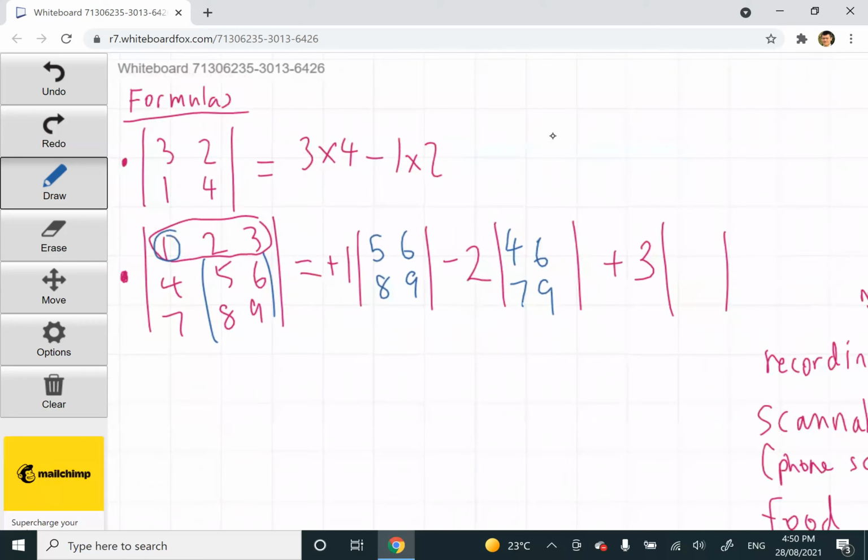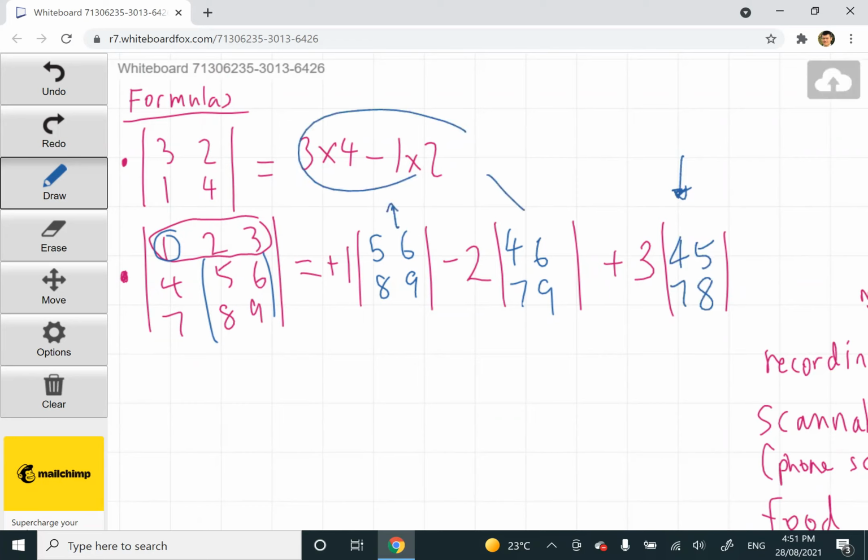Okay, so can anyone hazard a guess what the numbers that go in here are? 4, 5, 7, 8. Yeah, good. Okay, and then obviously by this rule you can figure out what these numbers are, yeah?